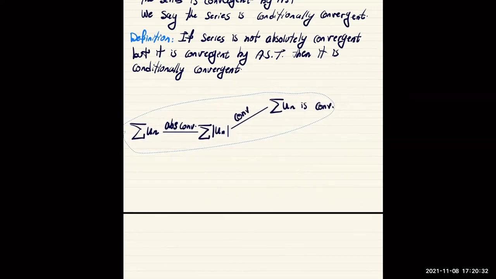If you check for absolute convergence, you look at the sum of the positive terms. Let's say it is divergent. Then you're going to run the AST. So check for AST. AST is going to tell you two things.